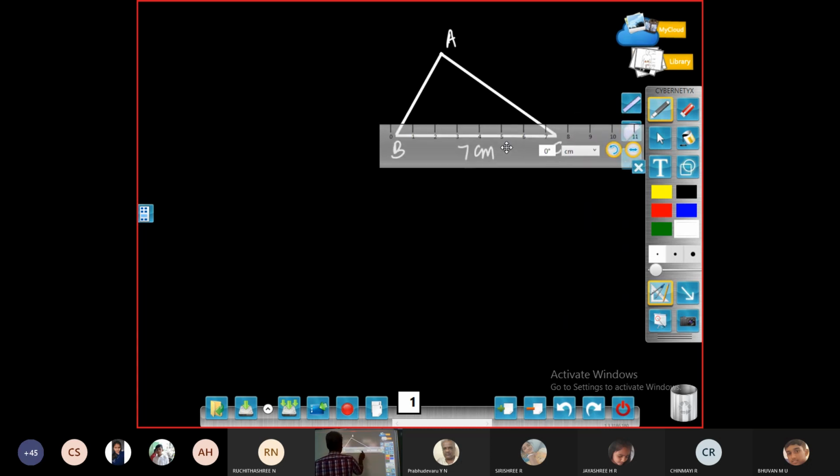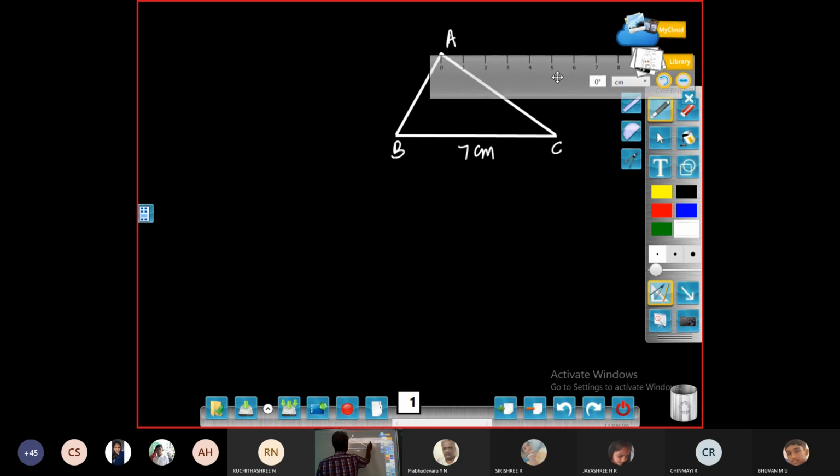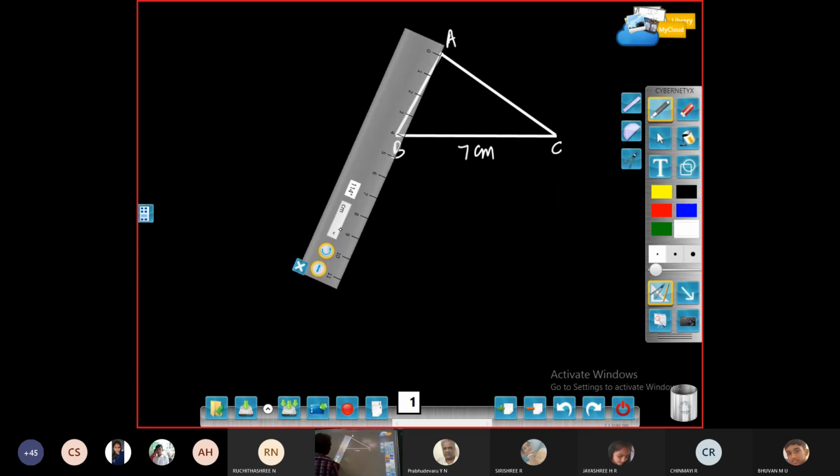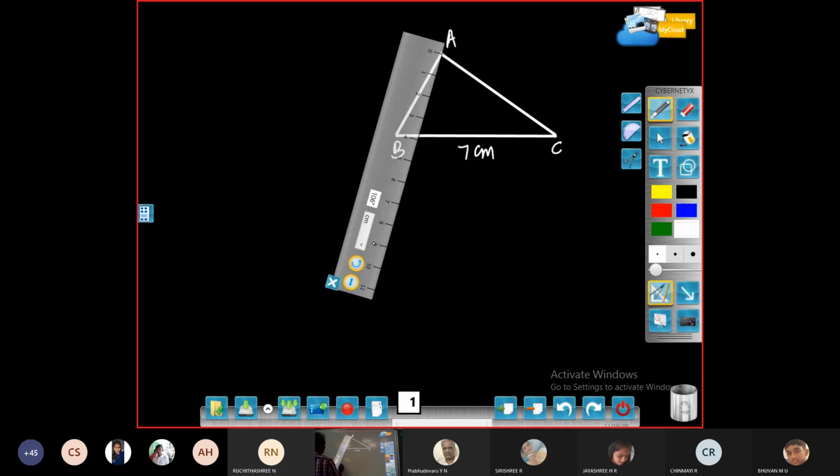In the same way, let us measure this side AB. So it is almost 4.2 centimeter now. This is 4.2.